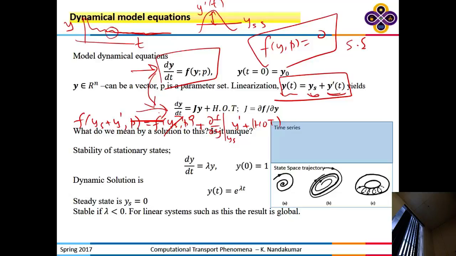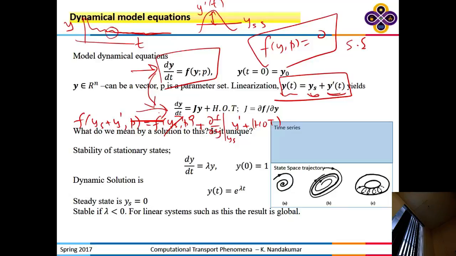So it is the sign of the real part of this lambda that tells me whether the system is linearly stable or unstable. And I keep saying linearly because I have neglected large perturbations. I'm looking at only small perturbations because I'm looking at only this term. This term is the dominant term if the perturbation is small, because the next term will have y prime square.